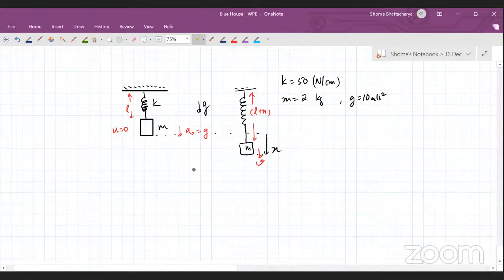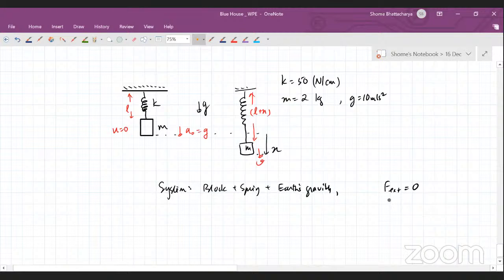So comparing the two diagrams from here to here, you can see that if we take a system as the block plus the spring plus the Earth's gravity, okay, there is no external force. There is no non-conservative force.